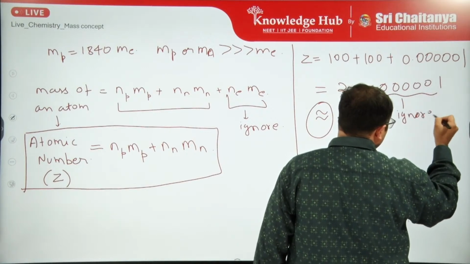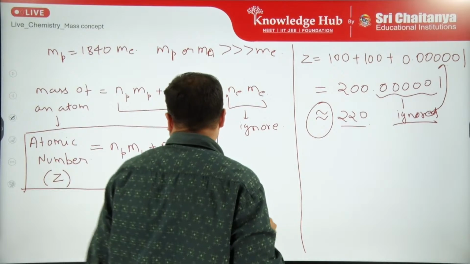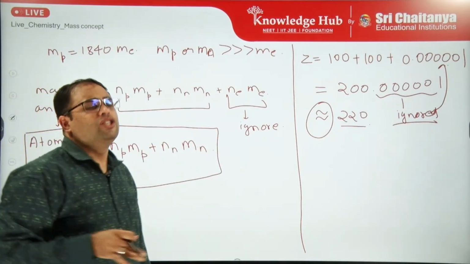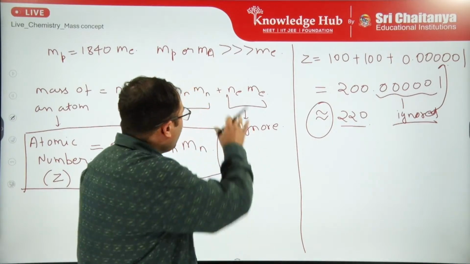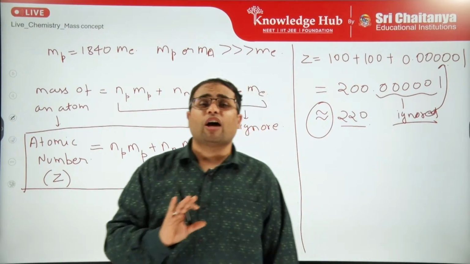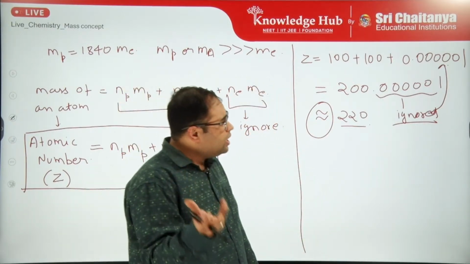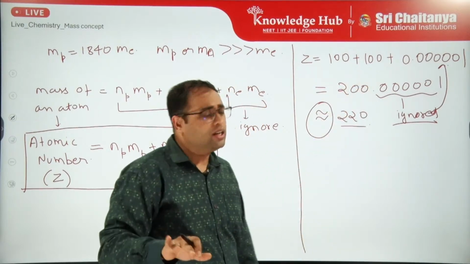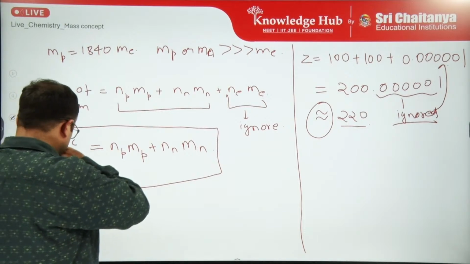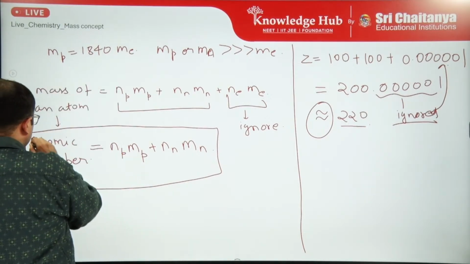Same way we can ignore it here. That is why logically mass of electron should be taken into account, but because the mass of electron is very, very less than mass of neutron and proton, we mathematically ignore it and say that the atomic number, change this up, it is not the atomic number, it is the mass number.